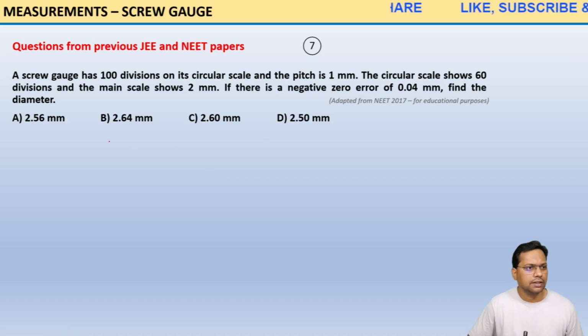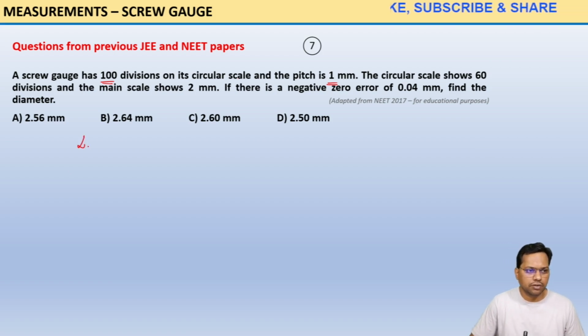The next question: a screw gauge has 100 divisions on its circular scale and the pitch is 1 mm. The circular scale shows 60 divisions and the main scale shows 2 mm. If there is a negative zero error of 0.04 millimeter, find the diameter. Here the given screw gauge has 100 divisions on the circular scale and 1 mm is its pitch.